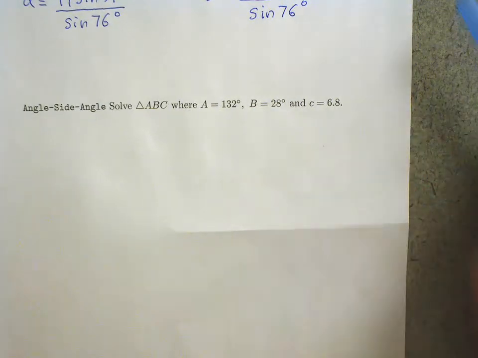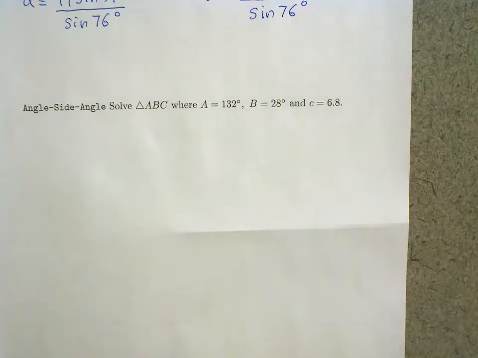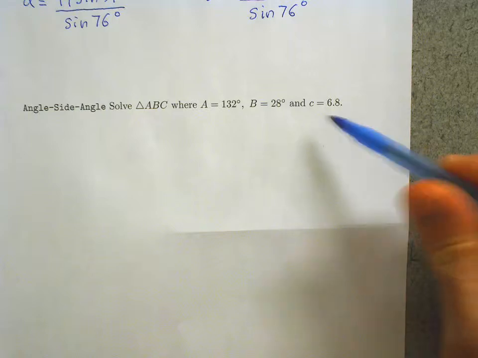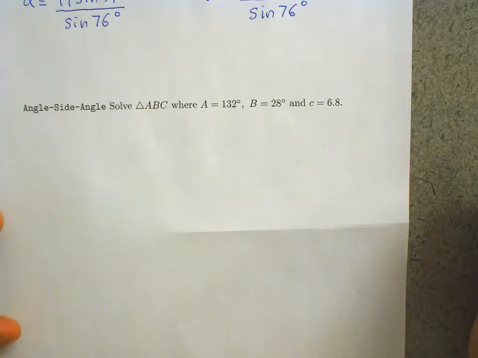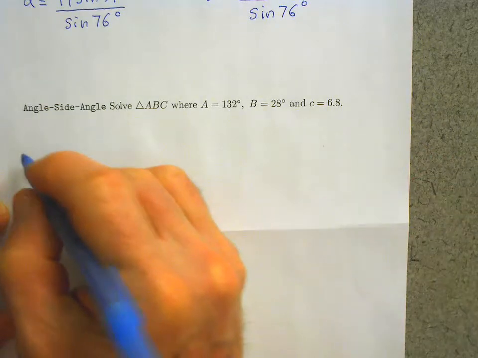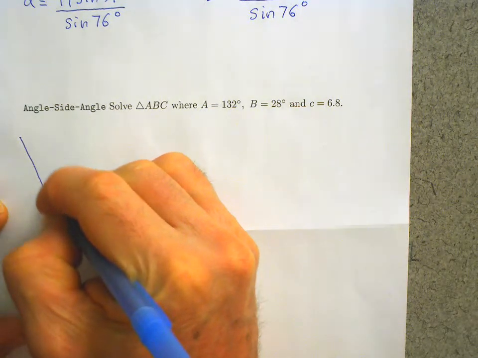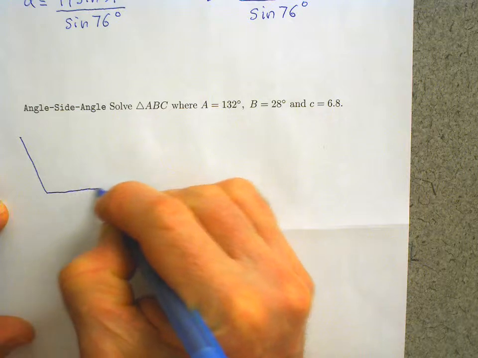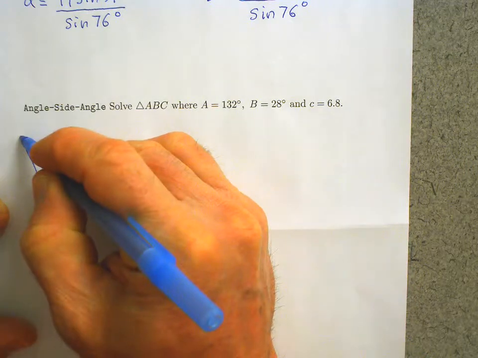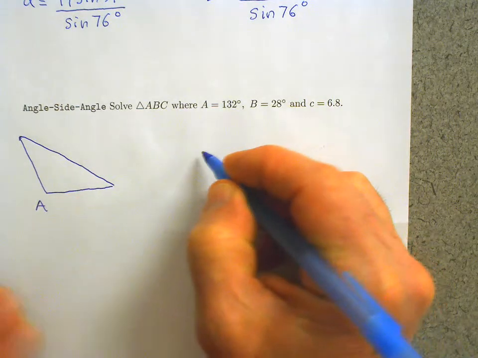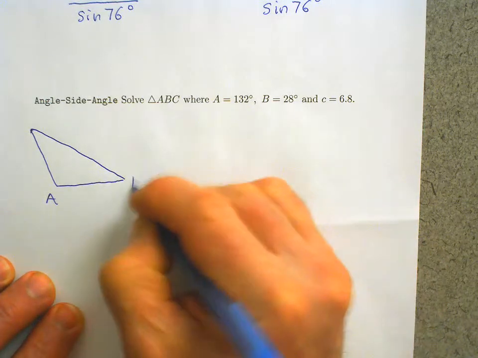Solve the triangle ABC, where angle A is 132 degrees, angle B is 28 degrees, and side C is 6.8. Okay, so angle A is 132 degrees, so I'll try to depict that a little bit. So this is my triangle ABC.